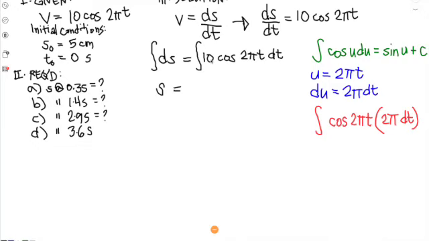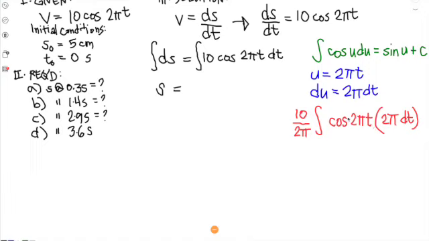Applying our theorems, this constant 10 will be taken out of the integral symbol. So here we have 10, and we have 1 over 2 pi to justify why we put 2 pi in here. Okay, I hope at this point you can follow. We have done a lot of exercises and problems regarding u substitution before.